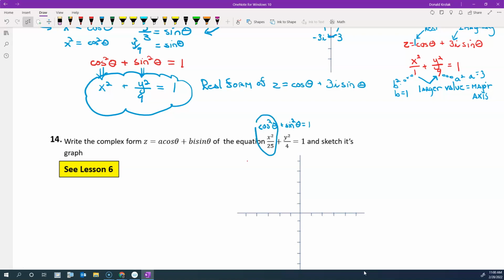Cosine squared theta equals x squared over 25, and sine squared theta equals y squared over 4. Now solve each one of these. This one I'm going to solve for y, this one I'm going to solve for x.